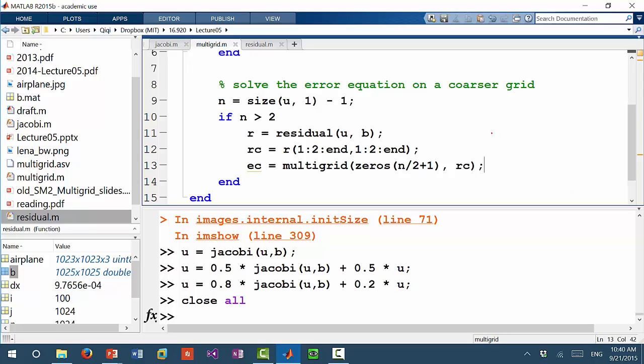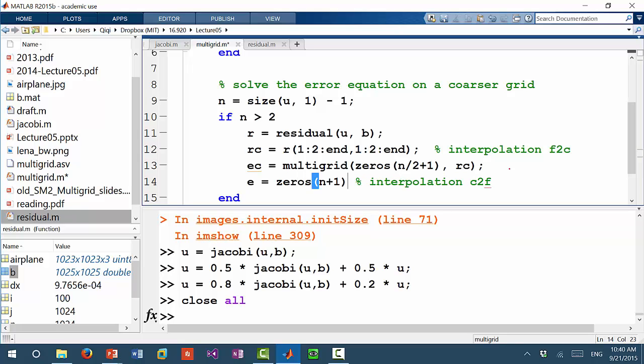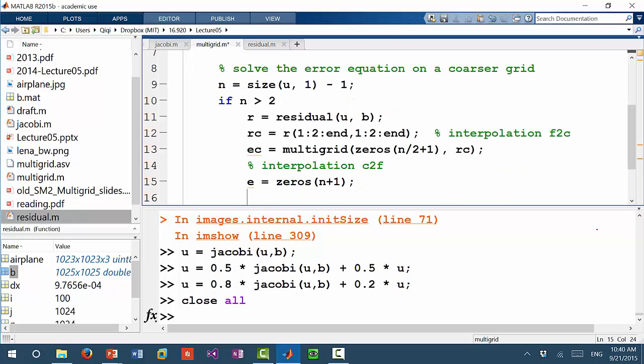So this is an interpolation fine to coarse, all right, F to C. And here I need the interpolation C to F. So let me say E is equal to the solution error at the fine grid, zeros of n plus 1, right? I'll do it here. And my E at, again, 1 to 2 to end, 1 to 2 to end is equal to EC.